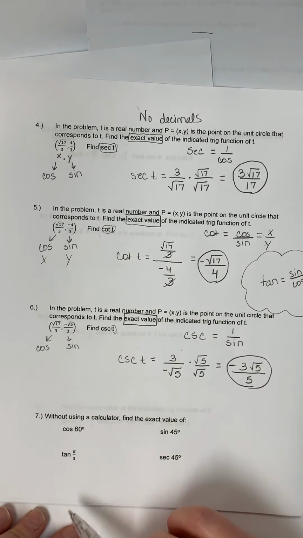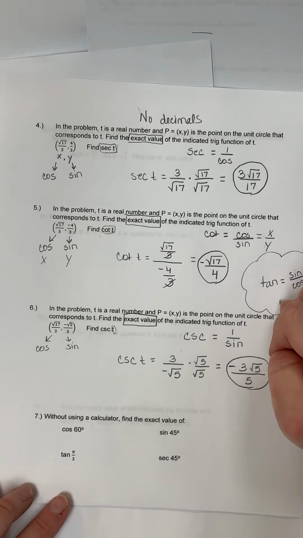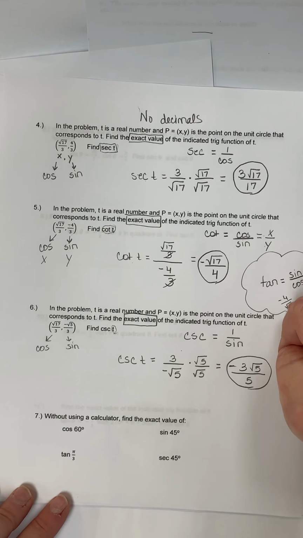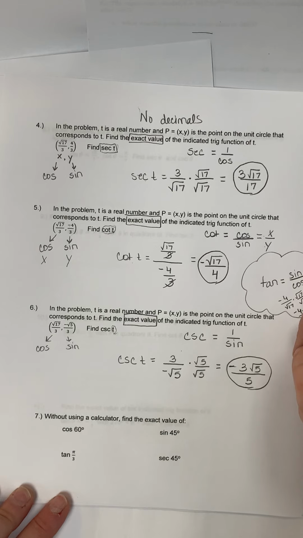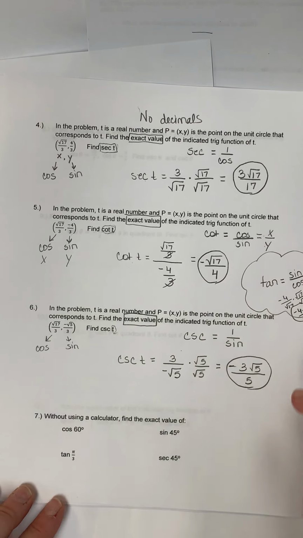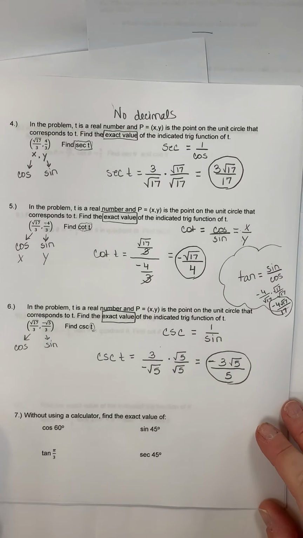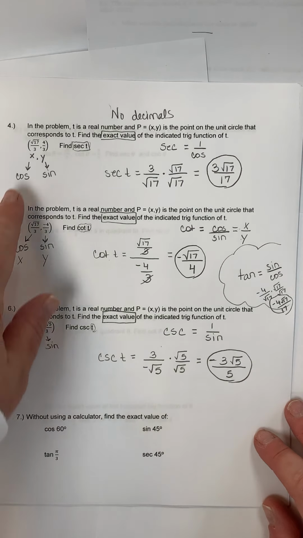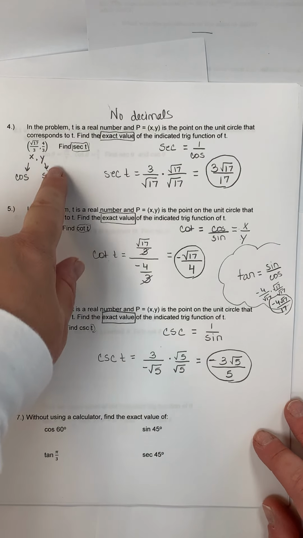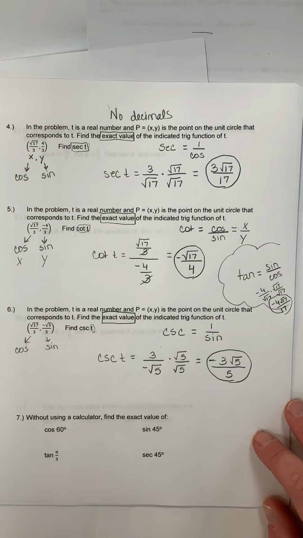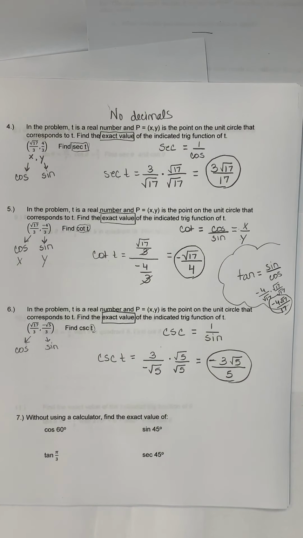My 3's would still cancel, but you're going to end up with negative 4 over the root of 17. And then you're going to have to rationalize it, right? And you're going to get negative 4 root of 17 over 17. That's what that would look like if you had tangent. Now, cosine is just the first one. Sine is just the first one, okay? But make sure you can find all 6 of those given this point when it asks for exact value.